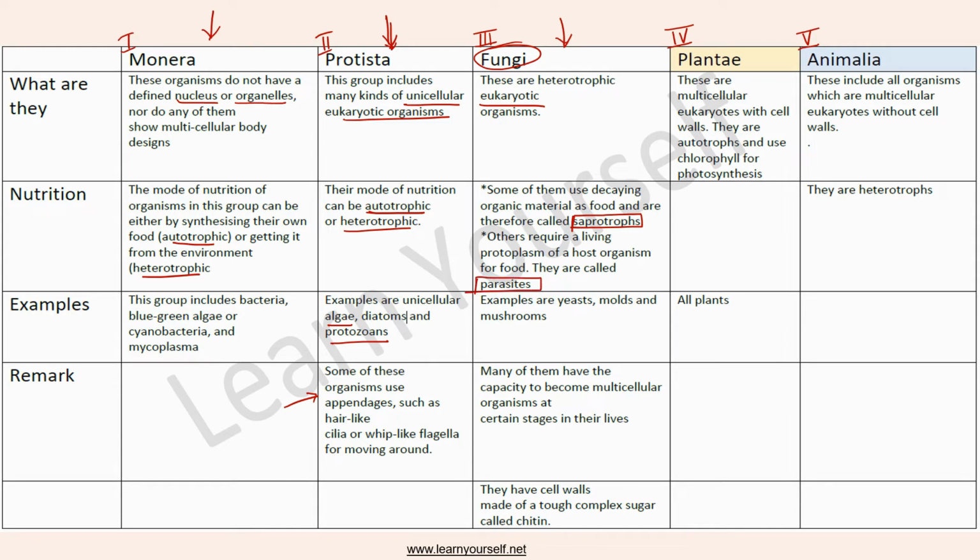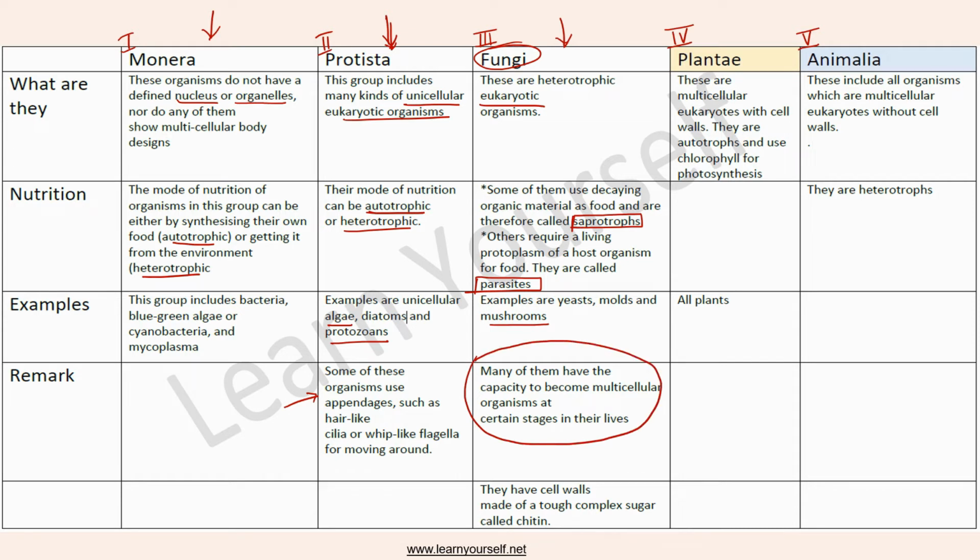So saprotrophs and parasites belong to fungi. Examples of fungi are yeast, mold and mushrooms. Many of them have the capacity to become multicellular at certain stages in their lives. This is a main characteristic feature of fungi.